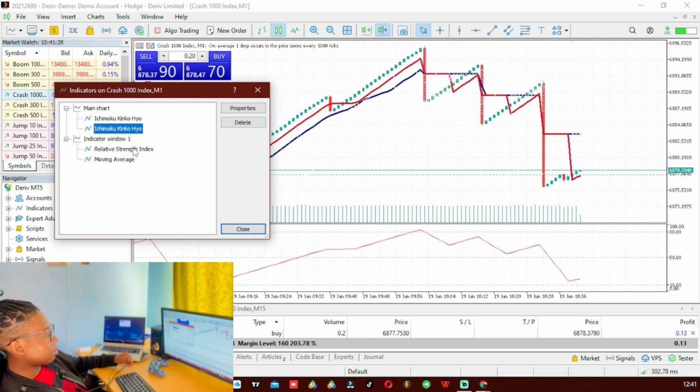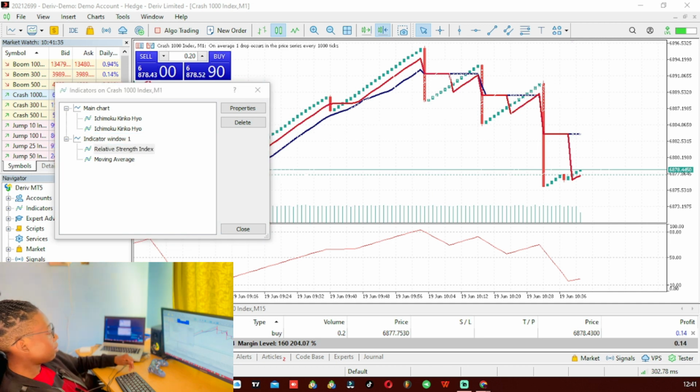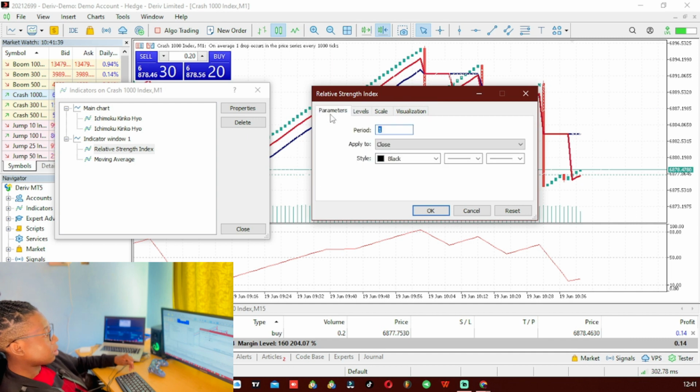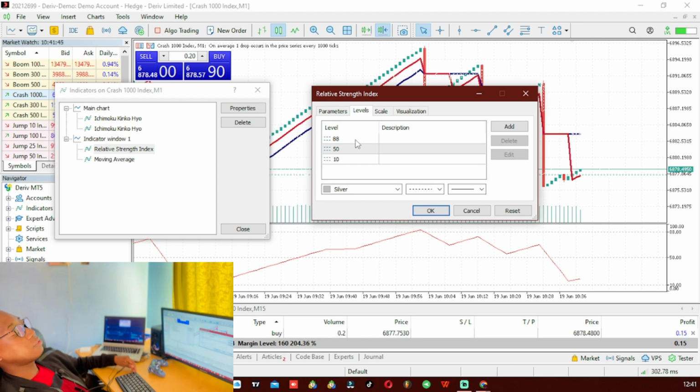The other indicator is the Relative Strength Index, and these are its parameters. The styles are black, period 1, apply to close, and these are the levels 88, 50, 10. I'll show you how to use this.